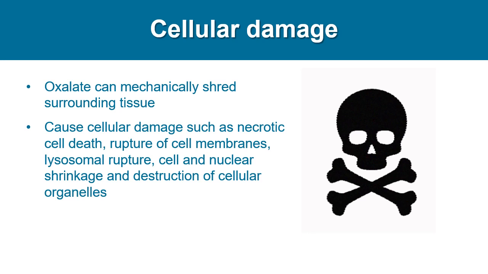We can see lysosomal rupture, cell shrinkage, nuclear shrinkage, destruction of intracellular organelles, but this is not limited to just the mitochondria. So this is part of the connection that we see between chronic fatigue syndrome and hyperoxaluria because of the physical destruction of the mitochondria. You see, it's really hard to make ATP if you don't have good functioning mitochondria.